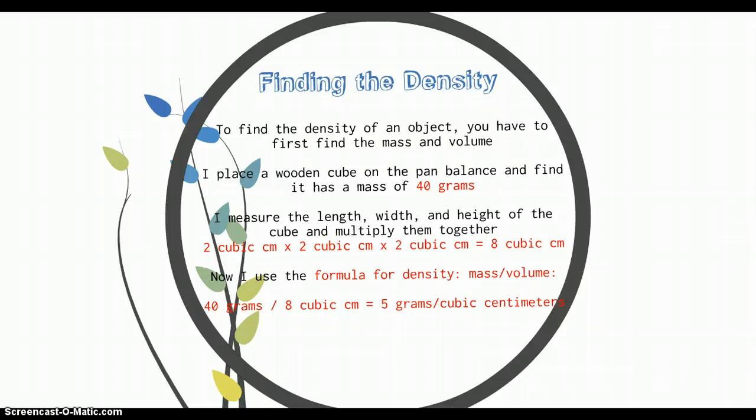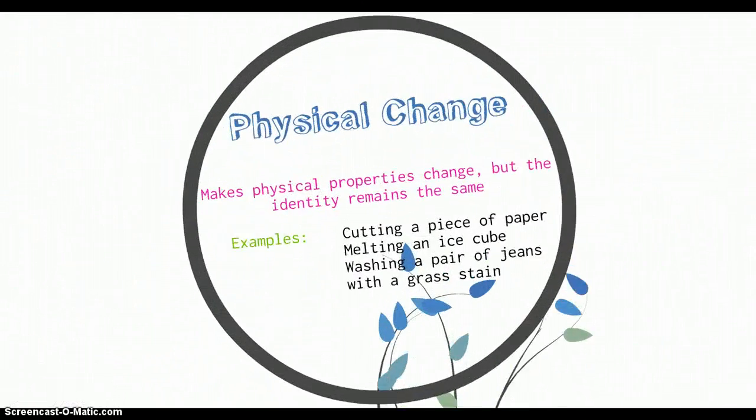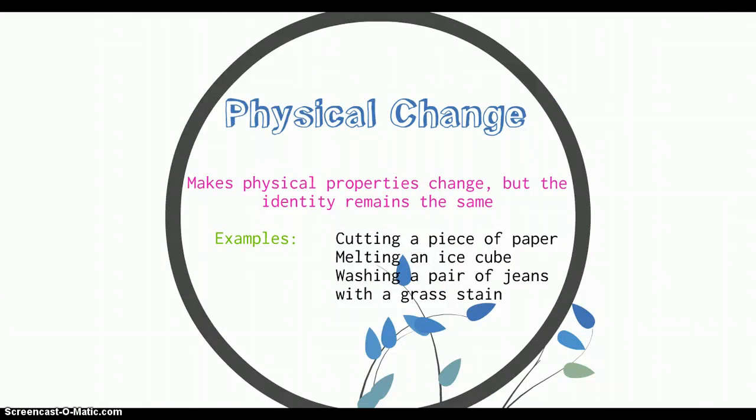So these are all physical properties that you can measure. And the key here is when you're finding those physical properties, it doesn't change what the item is. It's going to stay the same. When you have a physical change, we'll go back to physical change real quick. When you have a physical change, the properties change, but the identity remains the same.